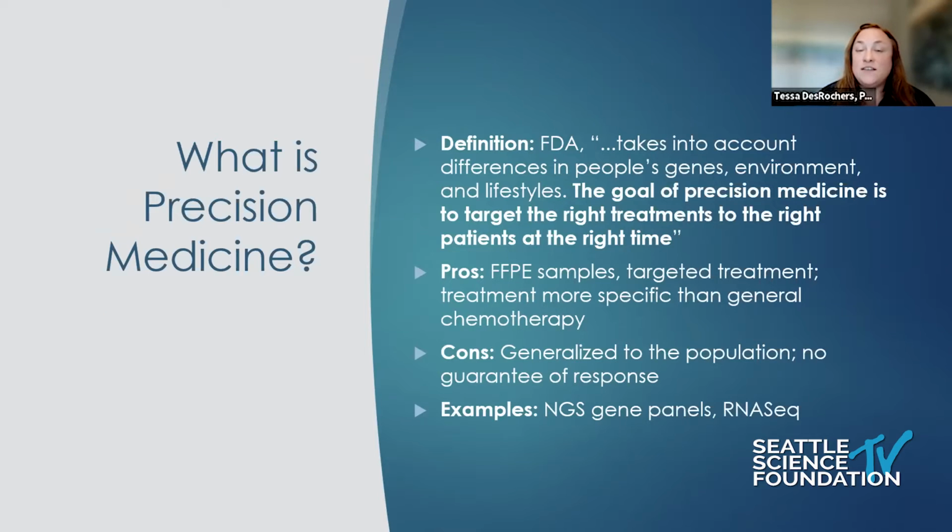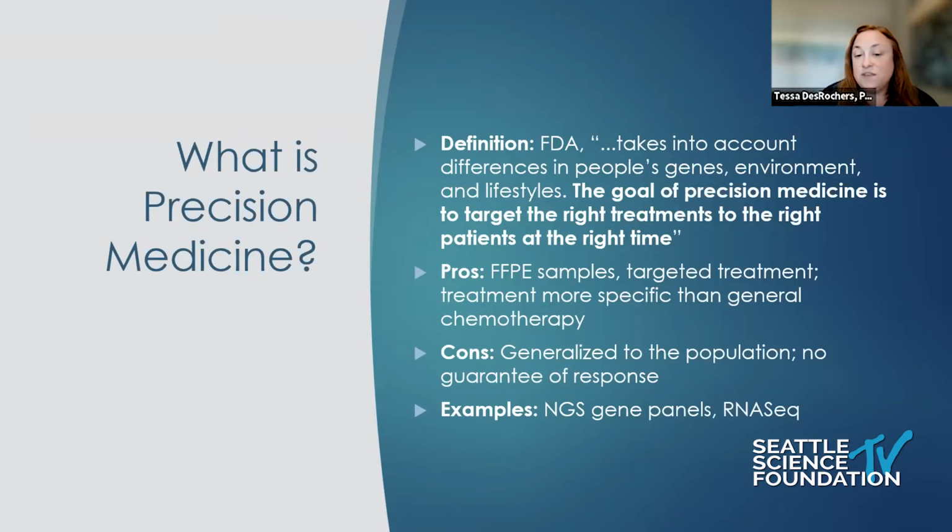However, it's relatively generalized to the population in that if you have a mutation that is actionable, you can get that therapy, but there's no real good definition within that pool of patients as to whether or not they're going to respond to that therapy.